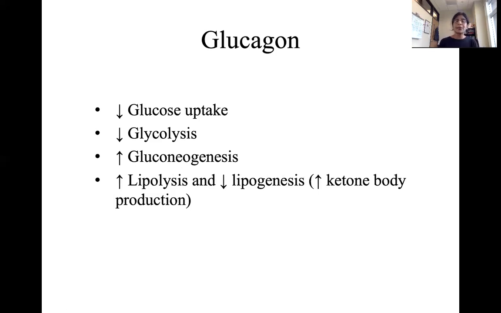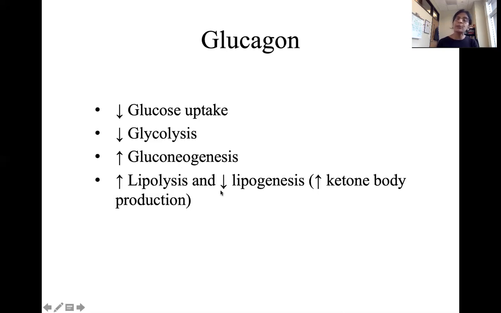Gluconeogenesis and glycogenolysis are all things that occur at the liver, and that is influenced by glucagon. Increased lipolysis, that is, you want to break down lipids so that lipids can be used as sources of nutrients, and fatty acids can be ultimately used in the synthesis of new glucose, gluconeogenesis.